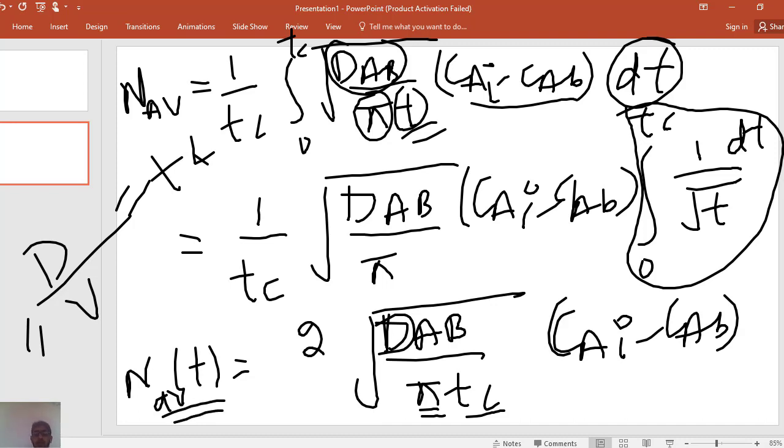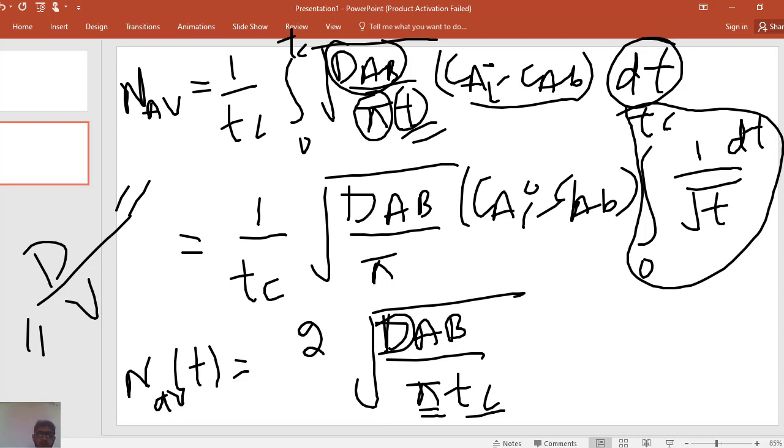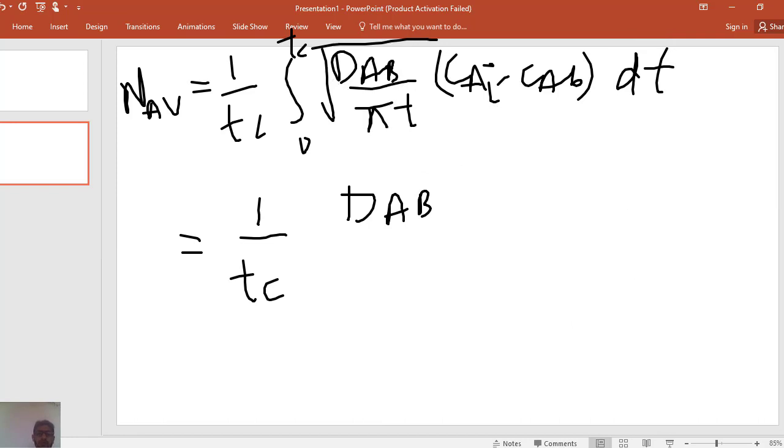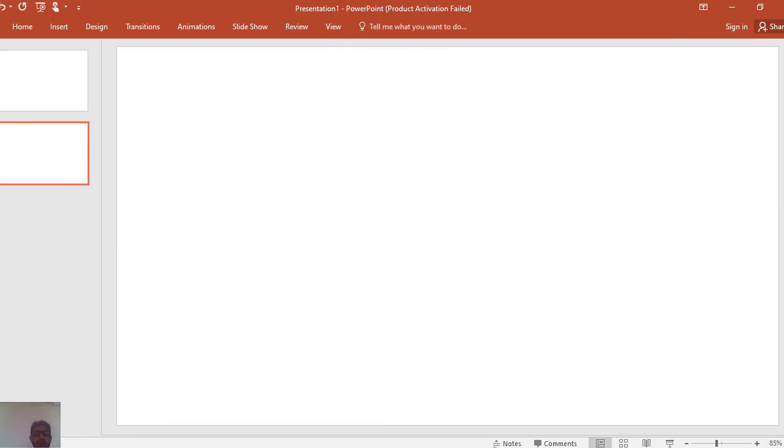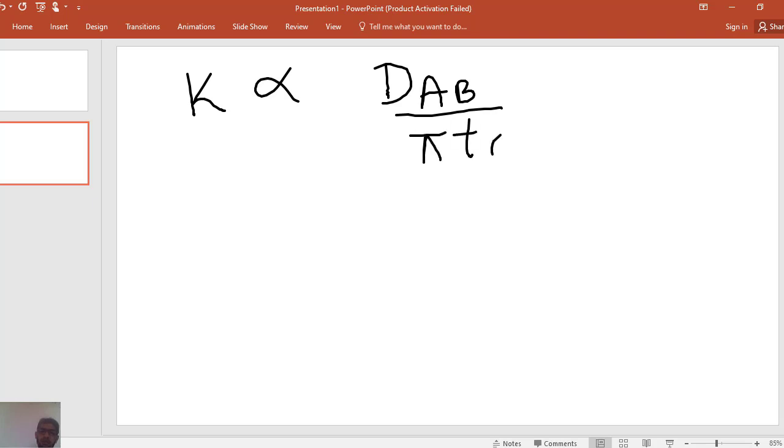So, according to penetration theory, the mass transfer coefficient is directly proportional to the square root of DAB divided by pi into the contact time. So this shows that the mass transfer coefficient is directly proportional to the square root of the diffusivity of A and B, and inversely proportional to the contact time.